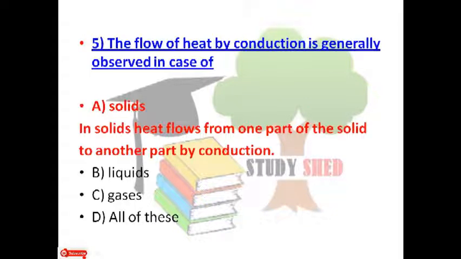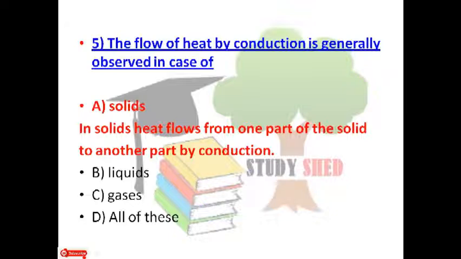So yes, the answer is solids. Congratulations to all of you who got it correct, and if you haven't guessed it correctly, then I would recommend you again to go through the videos. Don't feel sad, you will get it, don't worry. So solids are the one. In a solid, heat flows from one part of the solid to another part by conduction.